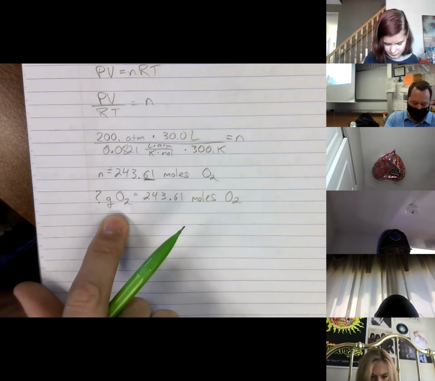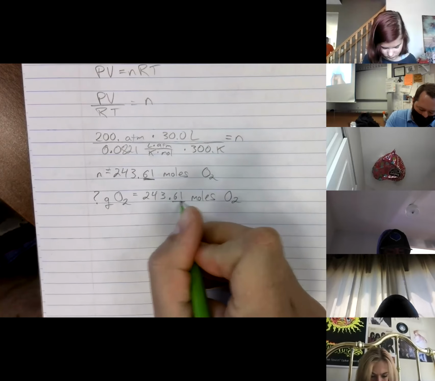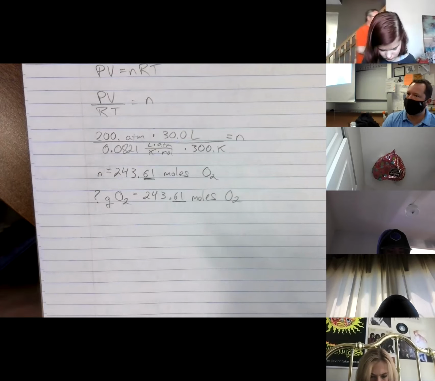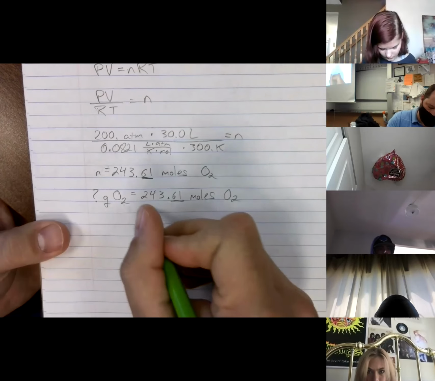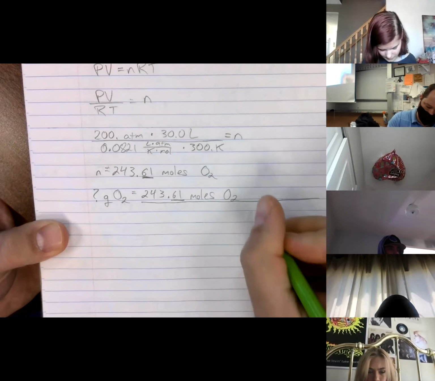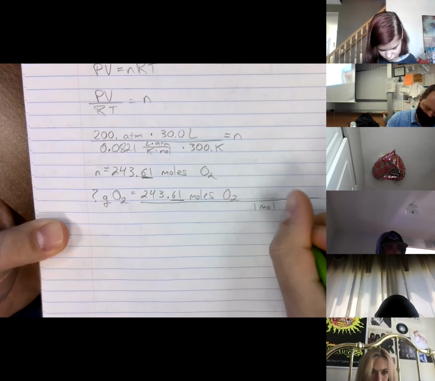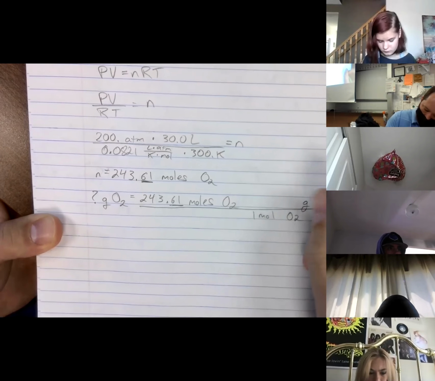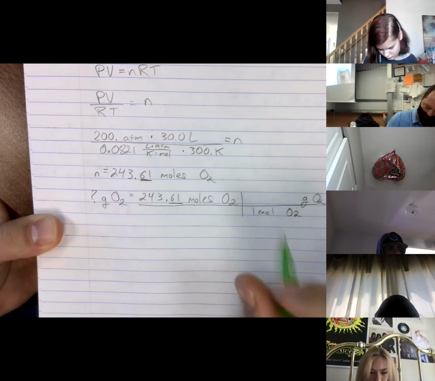So what mass of O2 is in 243.61 moles of O2? Well, 1 mole of O2 will have a mass of what?